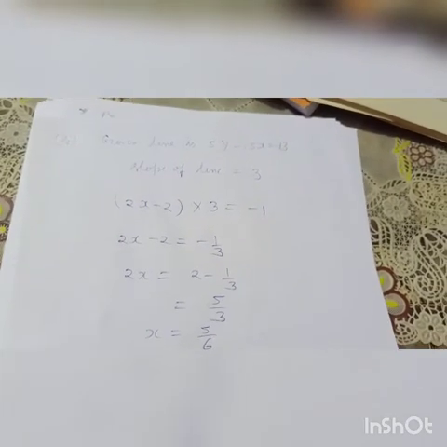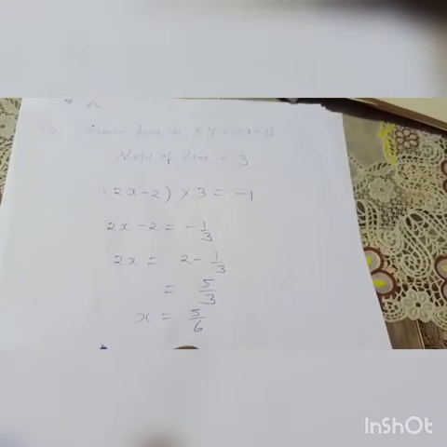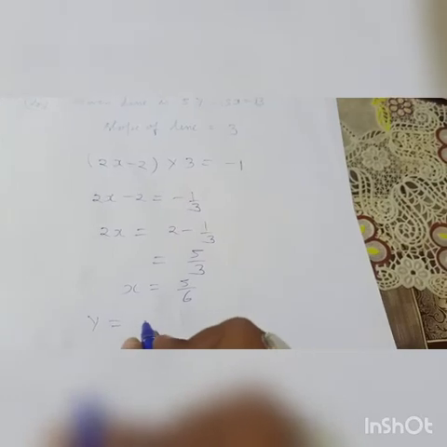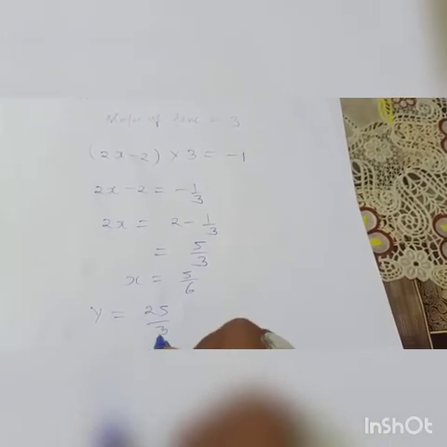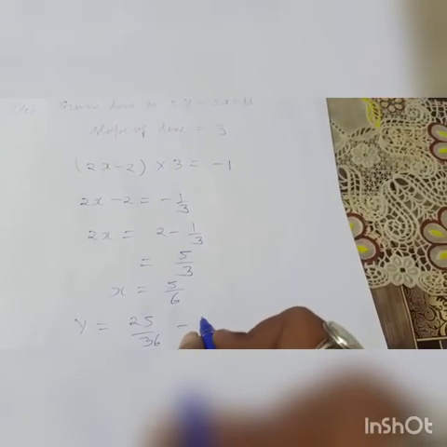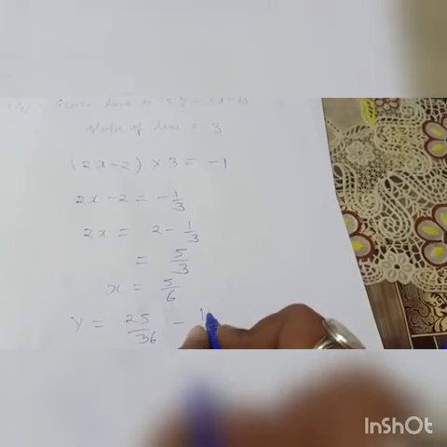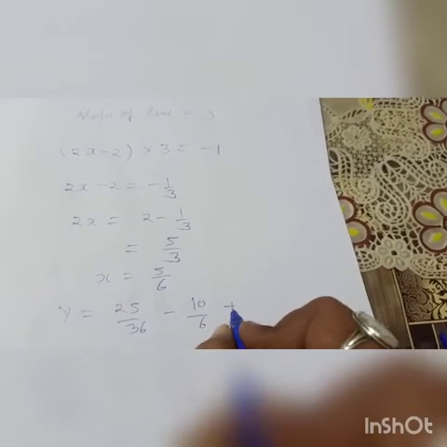And for this value we can find the value of y in the given curve. So y equals 25 by 36, that is x square, minus 25 by 6 plus 7.